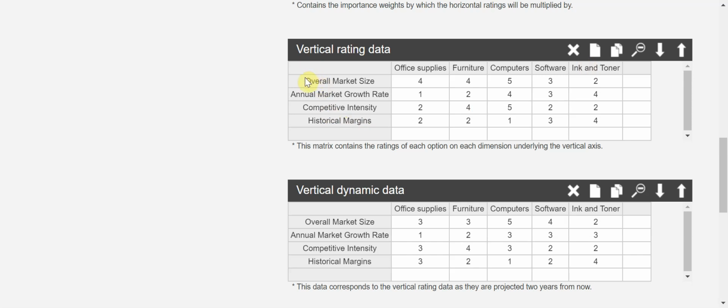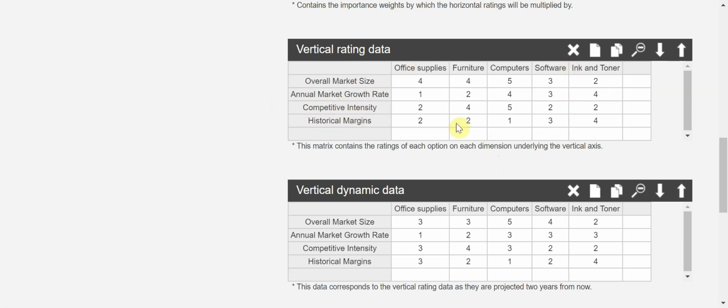This axis has 4 different factors also, right? Overall market size, annual market growth rate of the industry, competitive intensity of the industry, and historical margins of the industry, right? So we can evaluate the attractiveness of the industry in terms of these factors. So we have the ratings here, right?